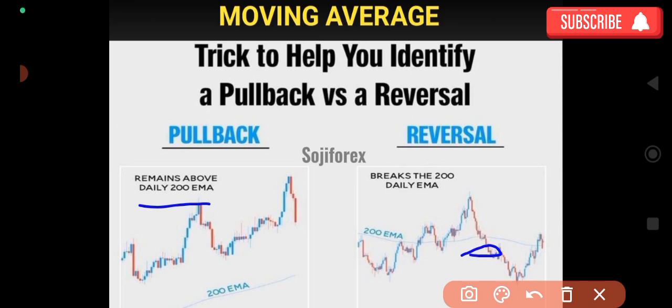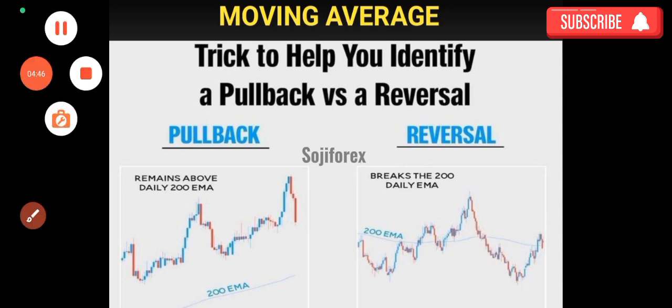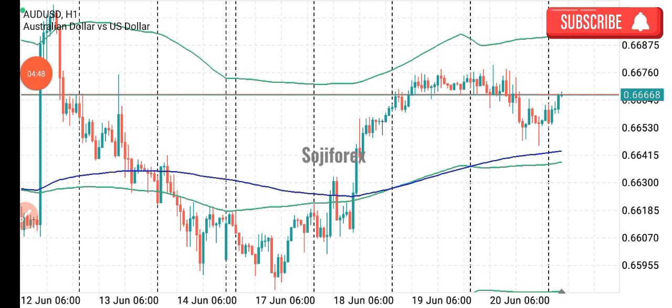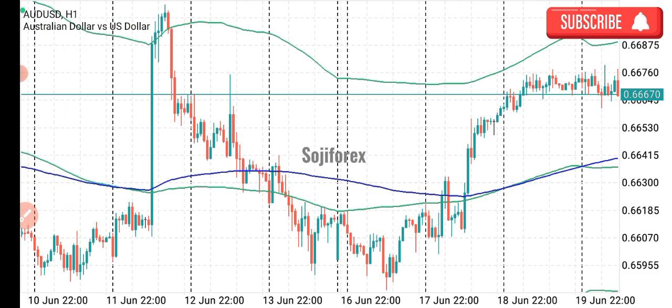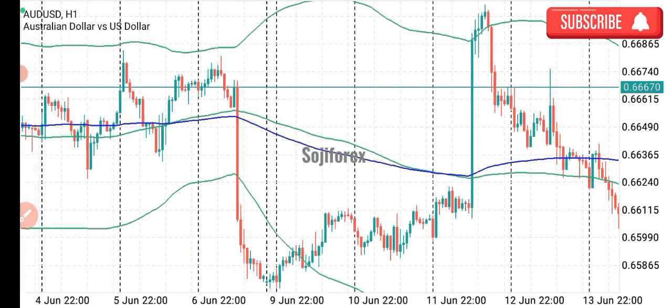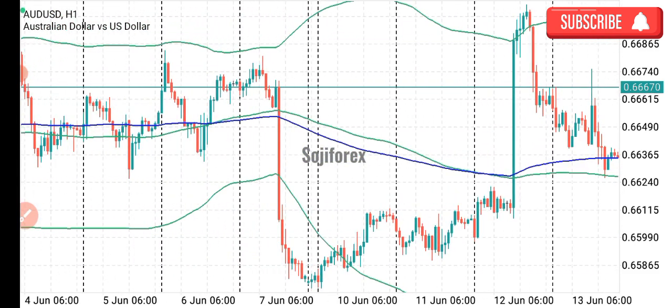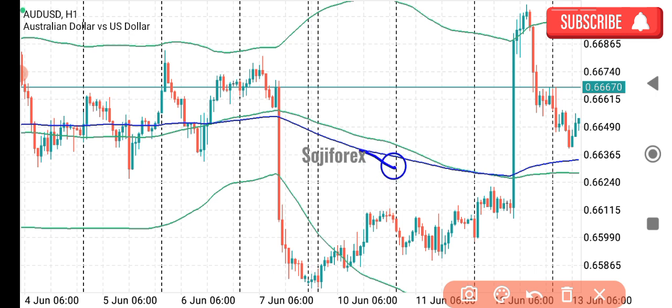So let's go to our chart and see what we are talking about. Looking at this chart, you will realize that we have two indicators, the Bollinger Band and the exponential moving average 200.